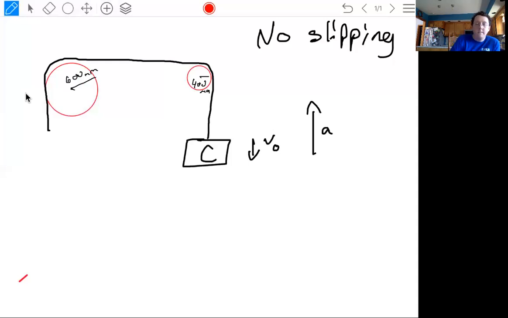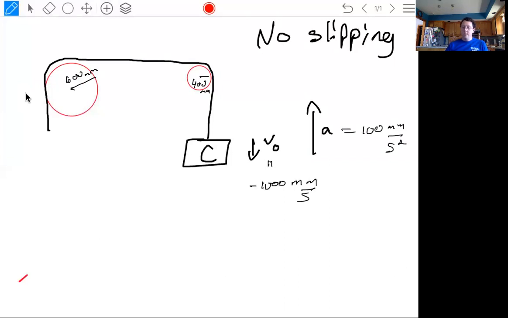Other numbers that I have to give you. I'm going to tell you the initial velocity of C is 1,000 millimeters per second down. So I'm going to say that's negative 1,000 millimeters per second. And I'm going to say the acceleration is a constant 100 millimeters per second squared. And since it's going to accelerate upwards, we're going to say that that's a positive acceleration.